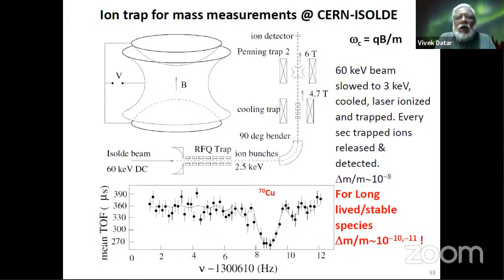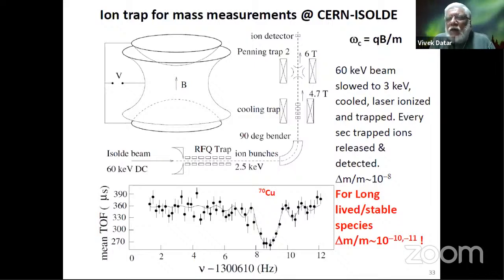But it also cannot go in the lateral directions because there is a magnetic field, and it has to be within this trap. And by determining this cyclotron frequency, you can actually measure the mass very accurately. For short-lived nuclei, you can determine this to about 1 part in 10 to the 8. But for longer lived things where you can make the observation repeatedly, this even comes down to about 10 to the minus 10 or 10 to the minus 11.